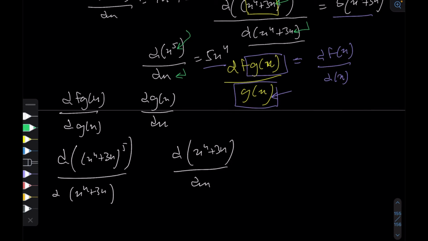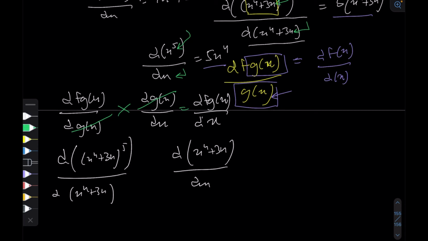Since these two are linked together, when you multiply them, the numerator and denominator cancel to give you the same question that we asked previously: what is the change in f(g(x)) in terms of x.